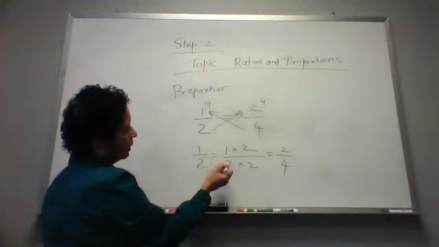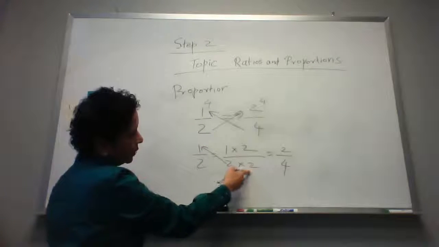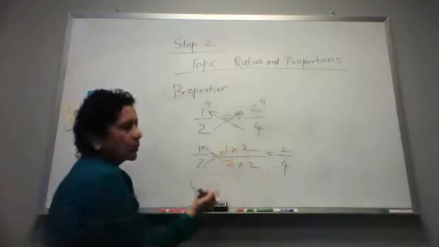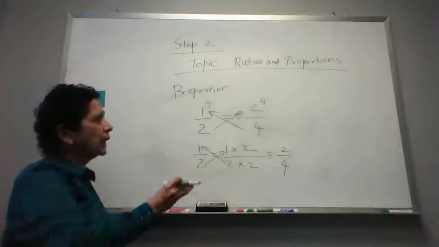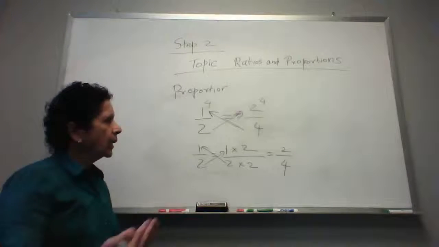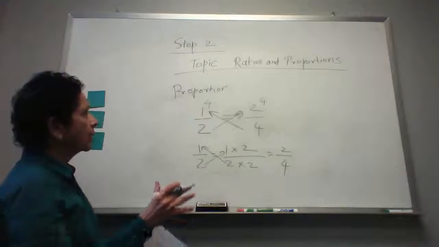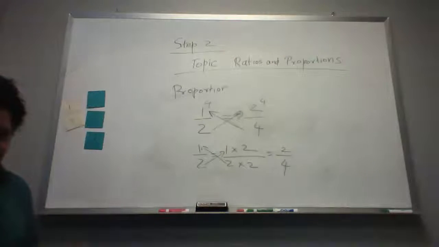So now, when you multiply this way, 1 times 2 times 2, that's 4. 2 times 1 times 2, that's also 4. So always, when I have 2 equal ratios, when I cross multiply, they will always be equal. So what do we mean by proportion? It's just 2 equal ratios, okay?